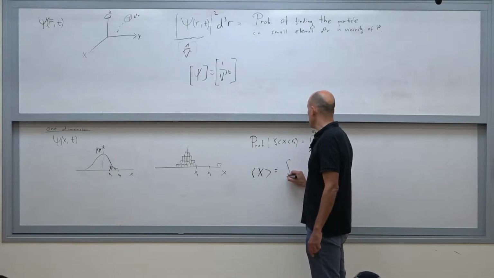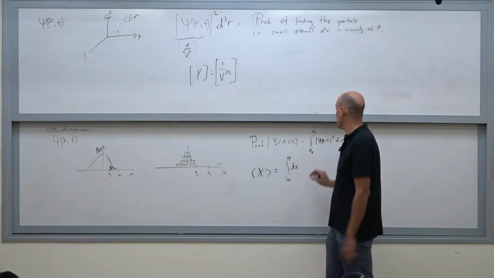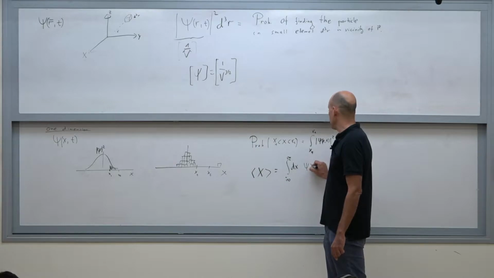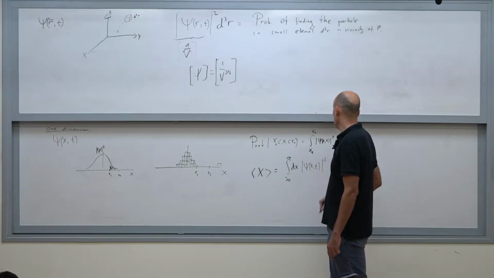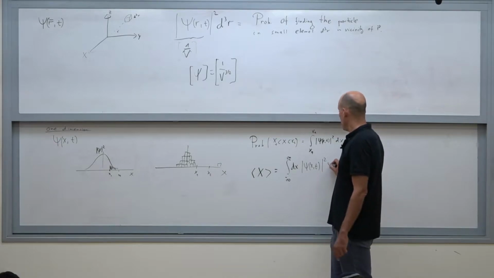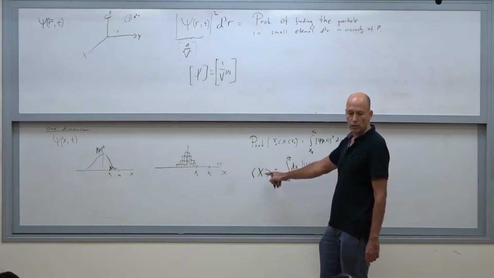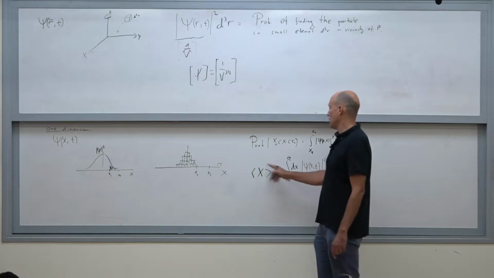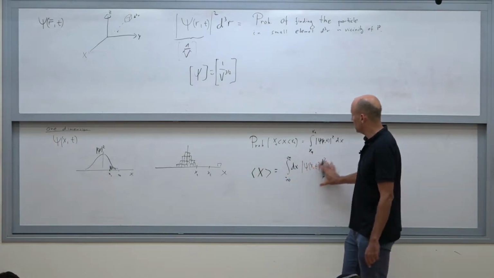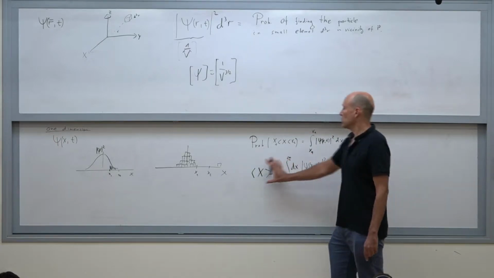Okay, so this is the integral from minus infinity to infinity over all space. Now I need to write my probability density, the absolute value of psi(x,t) squared. And I have to multiply by x to get the average value. And this is, by definition, the probability density times x. This gives you the average.